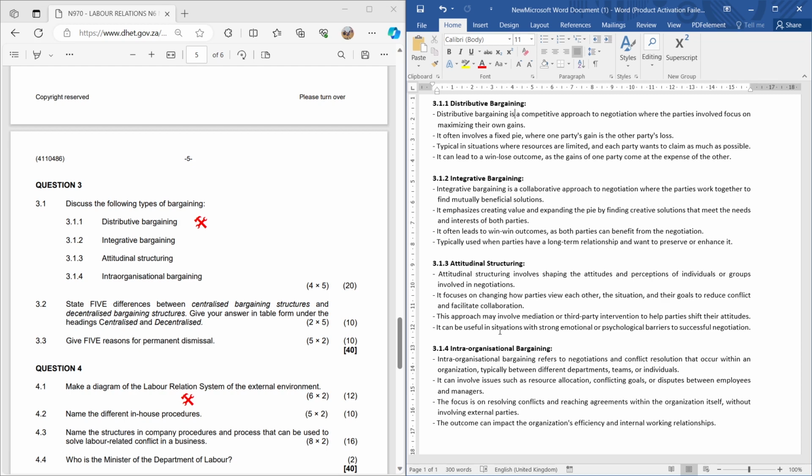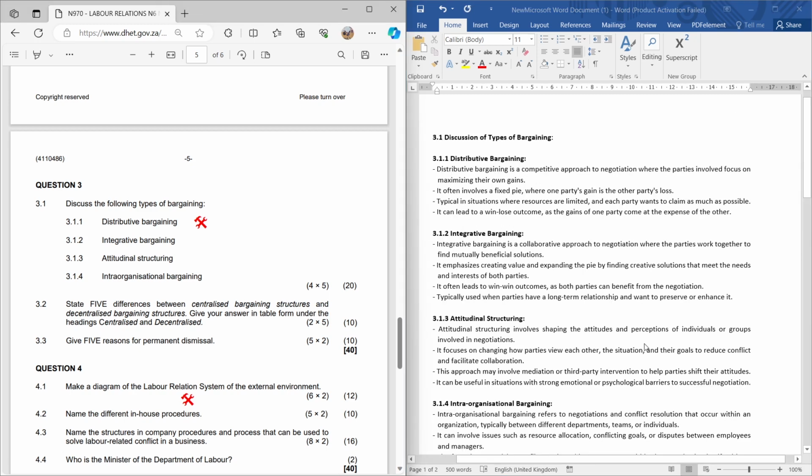And when you as a manager have to sit this employee with this employee and try to resolve a conflict or reach an agreement, that would be this type of bargaining occurring in that instance.